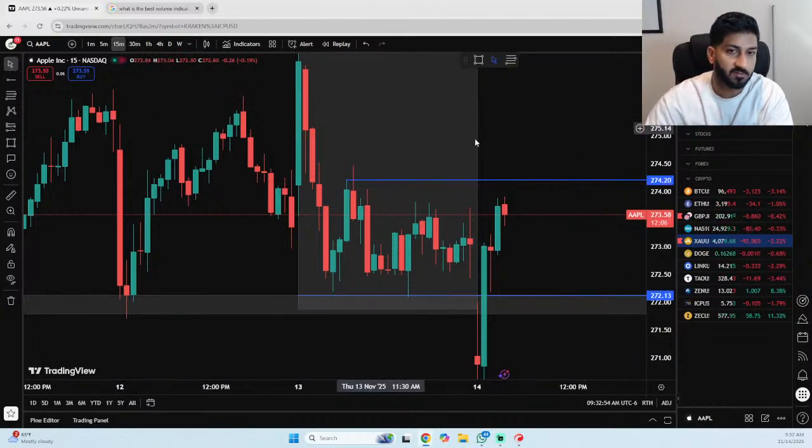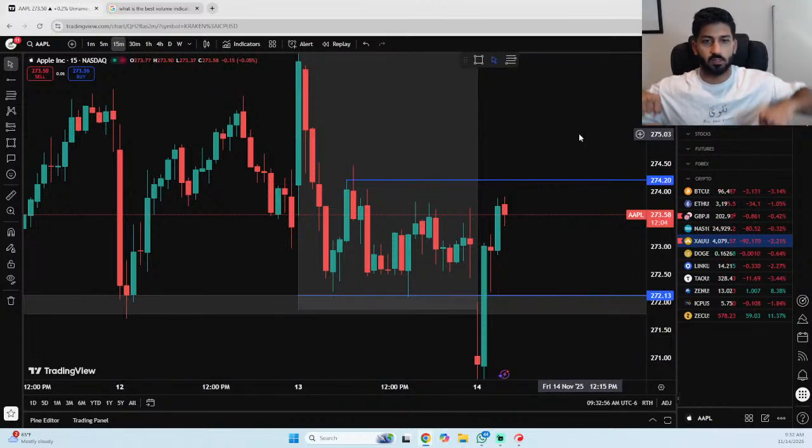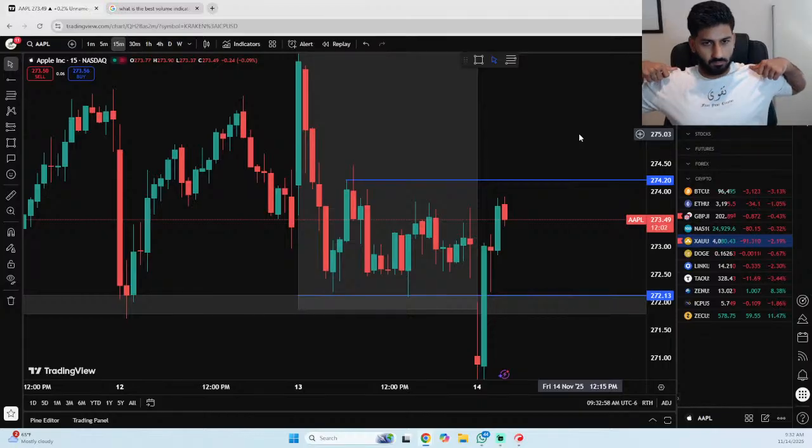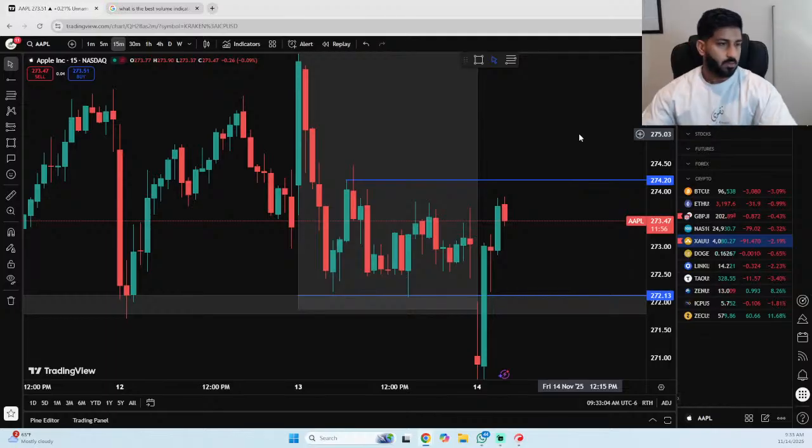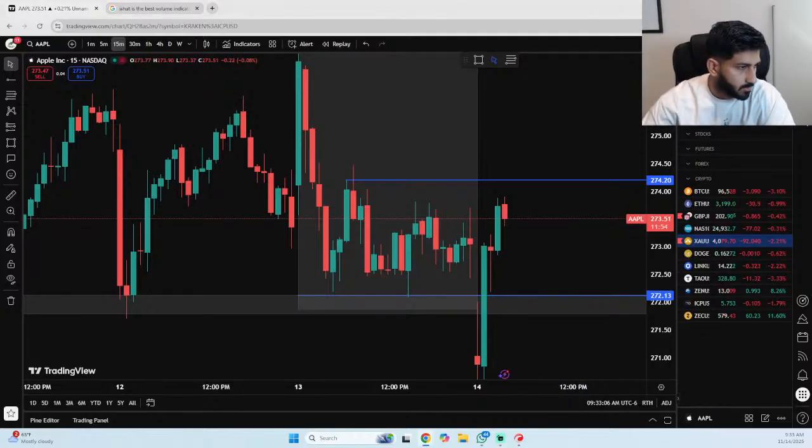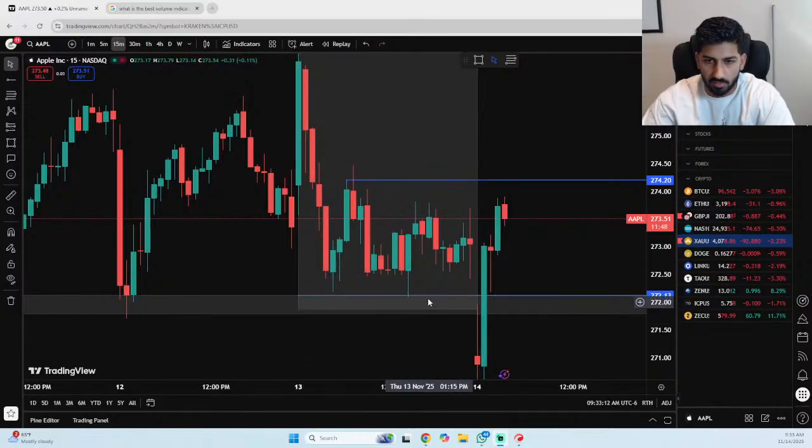And that's your marking on the 15-minute? Yes, 15 minutes, and that's the resistance, and the support would be at the 12:30 candle at 272.56. This right here.